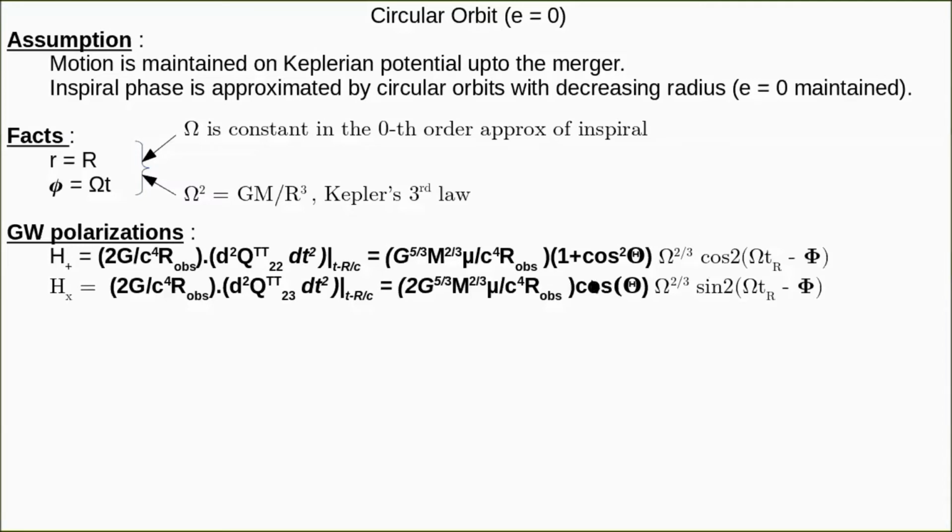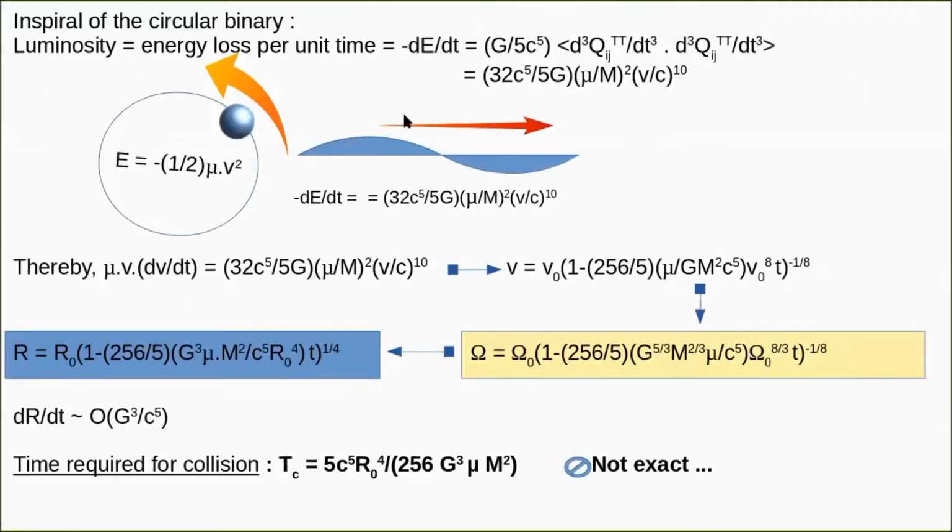Okay, so now we come to the inspiraling of the circular binary. Why is it inspiraling? Because the gravitational wave is emitted and it takes out a certain portion of energy. So we can compute the energy loss per unit time using this formula, and we get this, where dE/dt depends on v to the power 10.